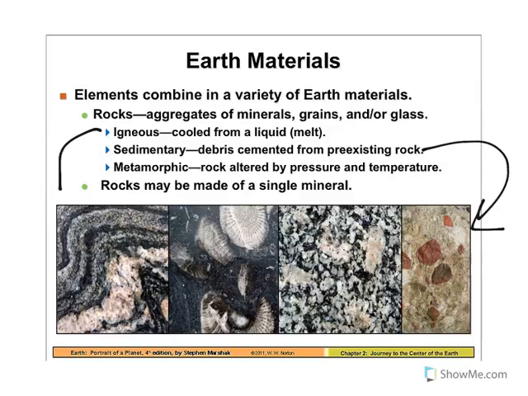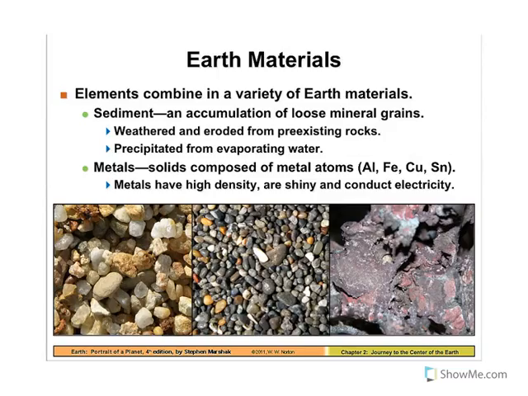That'll be a sedimentary rock. Then we also have metamorphic rocks, which are rocks that have been altered by pressure and temperature. They're pre-existing, but they're exposed to new pressure and temperatures, so they change. We're definitely going to get into this. We're going to do one chapter for each of these three.